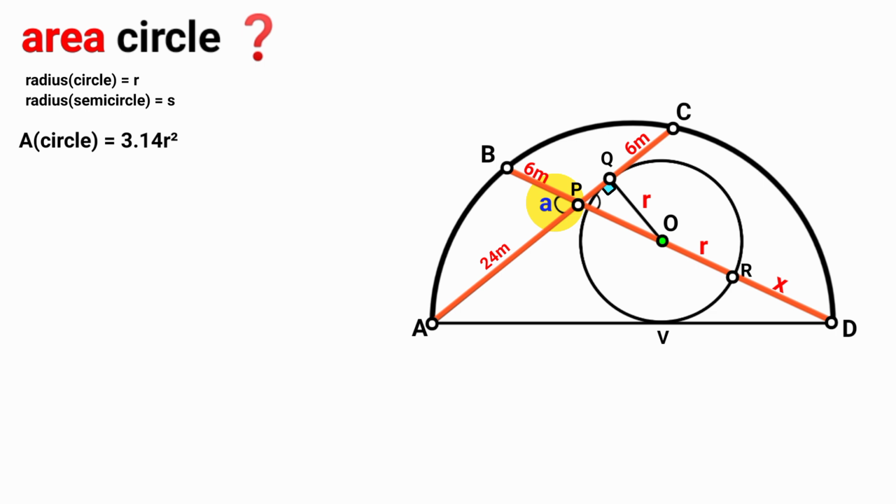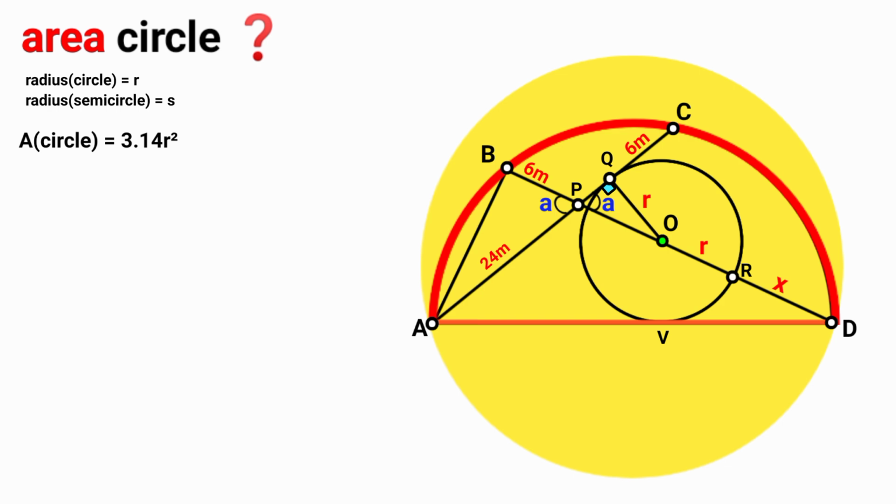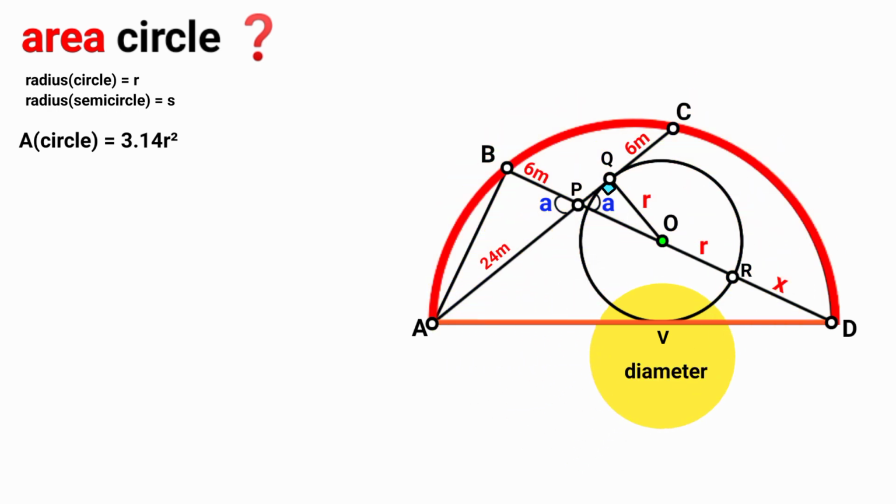If we let this be A, this must also be A. Come here, draw a line that connects this point A and this B. From this semicircle, we know this side here is its diameter. So since it subtends an angle at this point on the arc, the angle is an angle in a semicircle, which is a right angle.